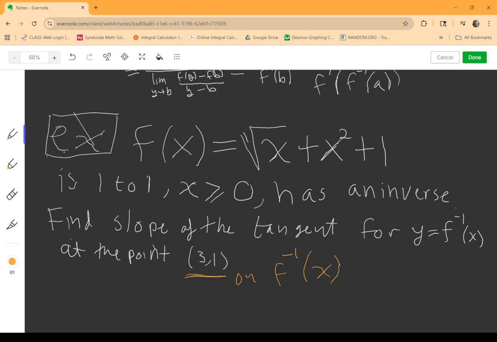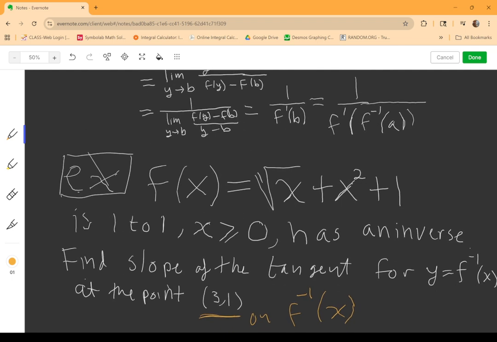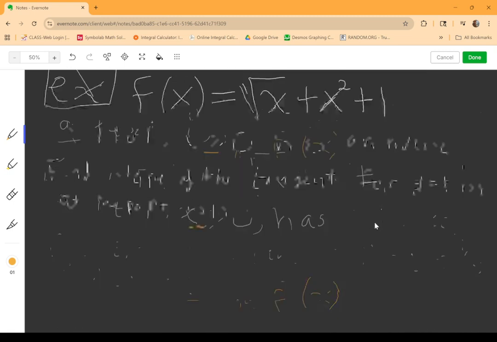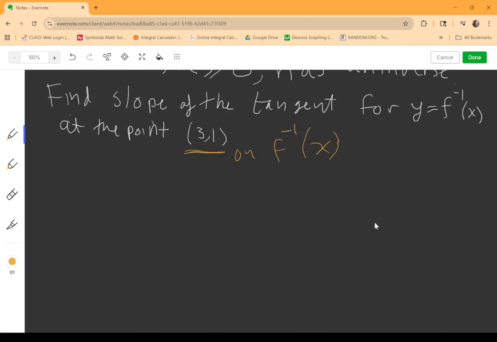So what that means is that if (3, 1) is on the inverse, then (1, 3) is on the curve f of x.